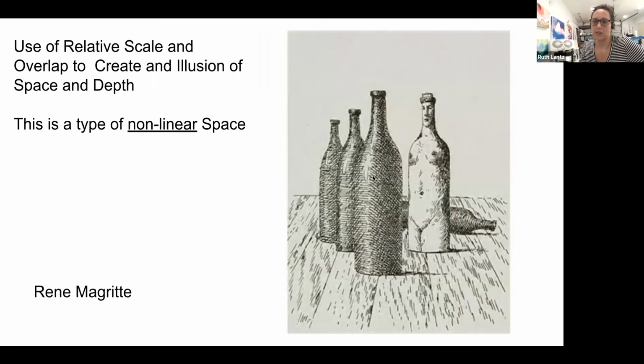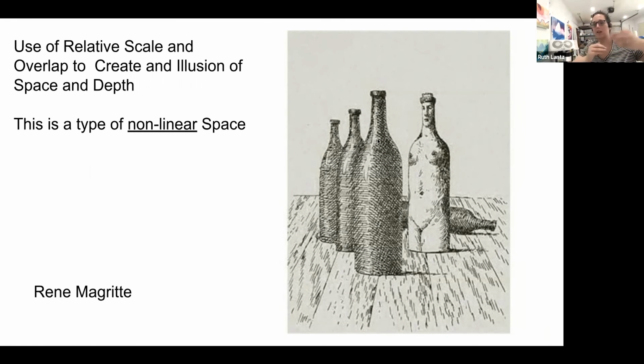So here, diminishing, right? Getting smaller, different picture planes, creating space that way. And then as well as using overlap with this bottle to create the sense of space. And then here, this bottle fits in between these two because it's an intermediary size between here and here.